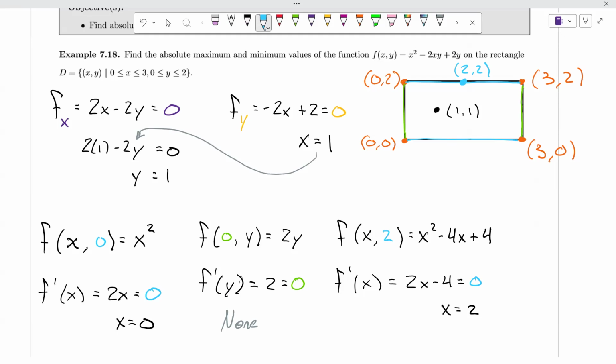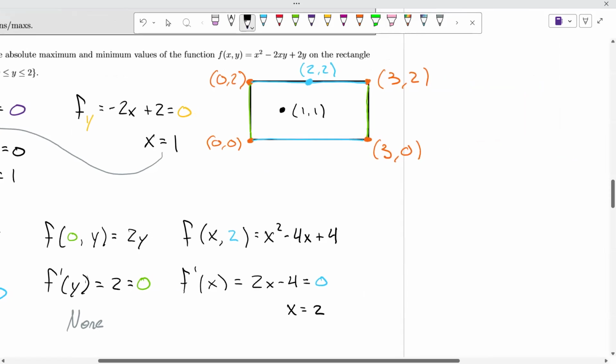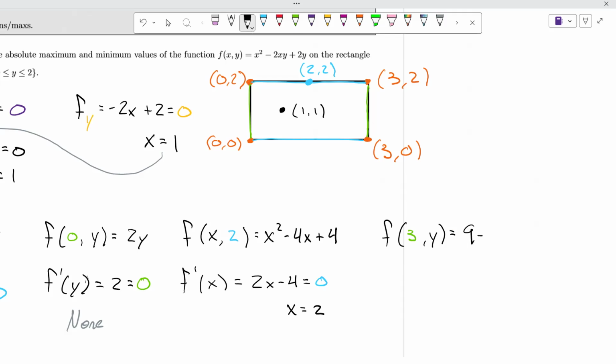And finally, I've got one more curve to parameterize. It's the one on the right. F of 3, y is 9 minus 6y plus y squared. And again, I want that equal to 0. Nope, that's not quite right.